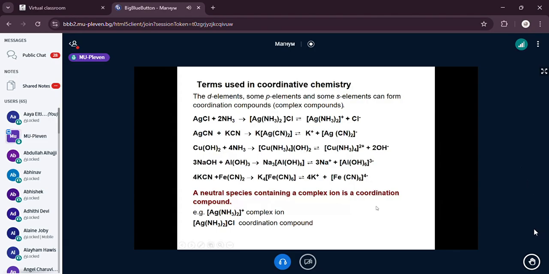You can see these examples. So we can say that coordination compounds contain complex ions. But sometimes, as we'll see with the next examples, a coordination compound can contain a complex which is neutral, with no charge.